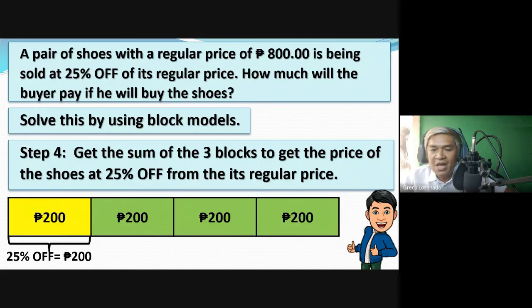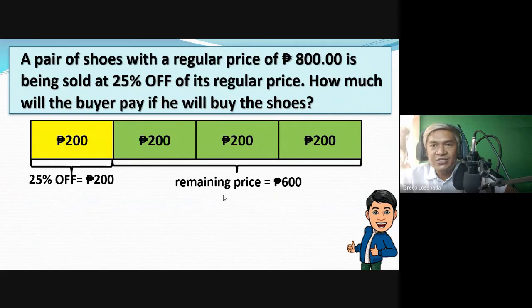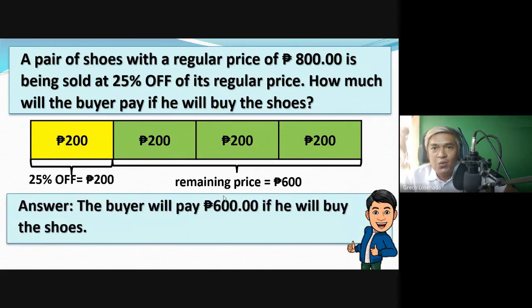So the remaining blocks will now represent the remaining price of the shoes, which is 200 pesos multiplied by the 3 boxes. We will get the remaining price of 600 pesos. The final answer to our word problem is the buyer will pay 600 pesos if he will buy the shoes.